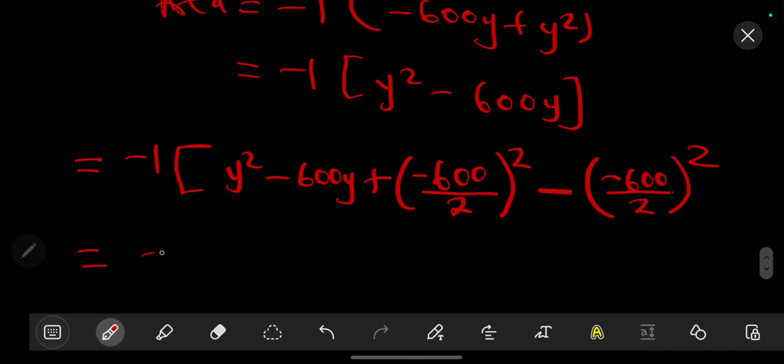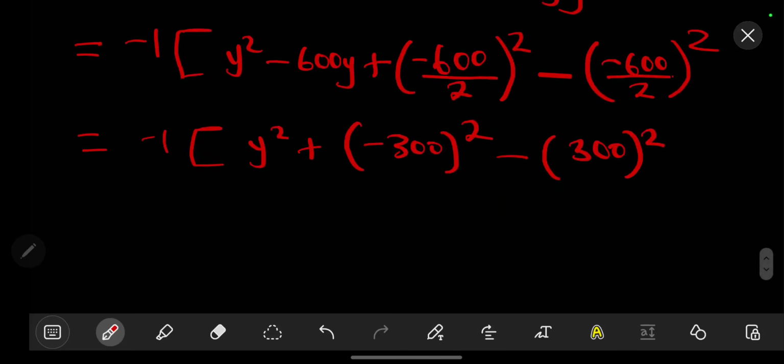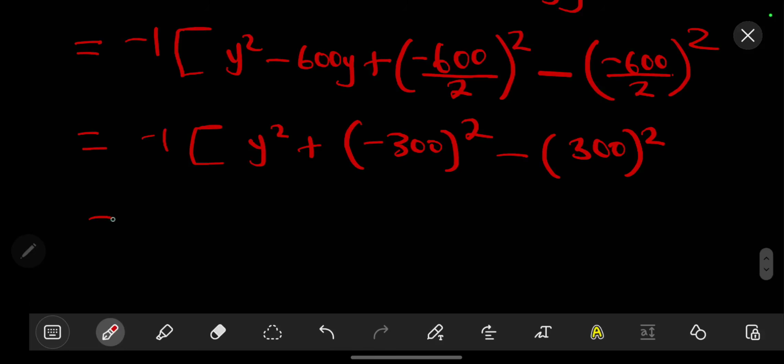So we have negative 1, then y squared minus 600y plus negative 300 squared, minus 300 squared. The terms that are adding, we are going to combine them.